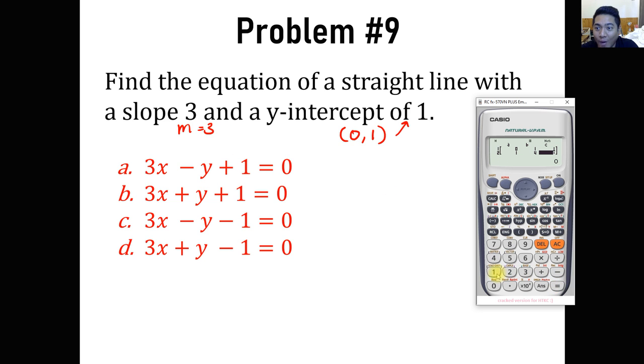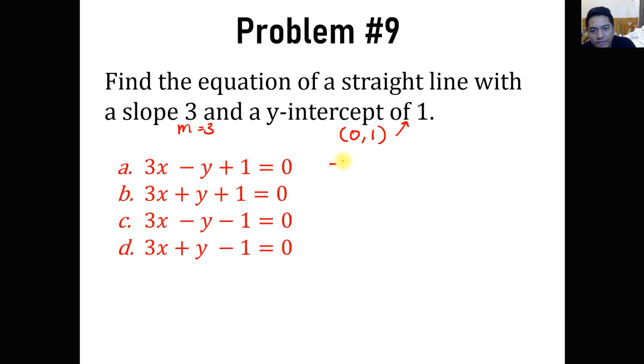And then we have 1, again, for our constant. So it will produce negative 3 for x and 1 for y. So we have negative 3x plus y equals 1. Using the choices, you can have negative 3x plus y equals 0 minus 1.